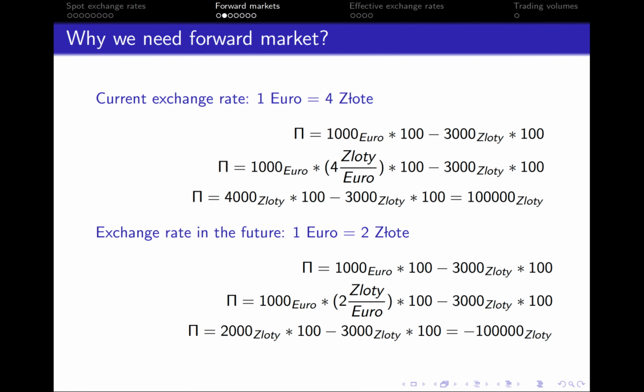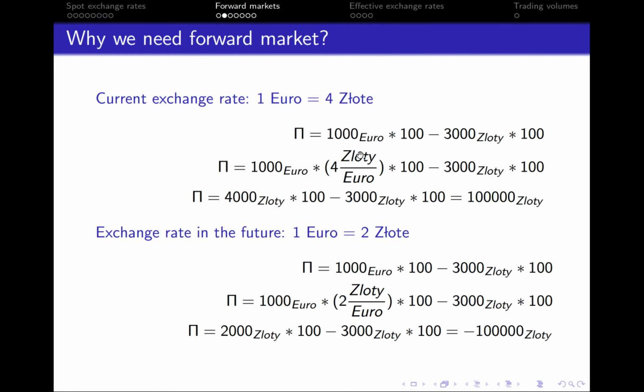Okay, let's start with a situation like that. Let's just say that the current exchange rate is 1 euro for 4 zloty. What does it mean for our company? Our company is selling bikes at the price of 1,000 euro per bike times 100 bikes. Now, the cost of producing one bike is 3,000 zlotys times 100 bikes.